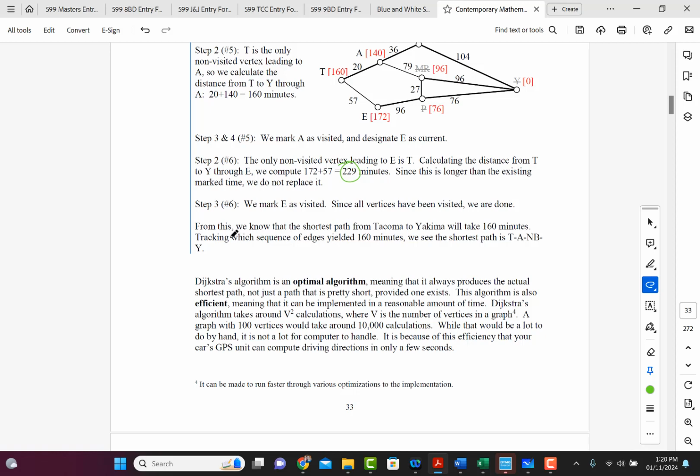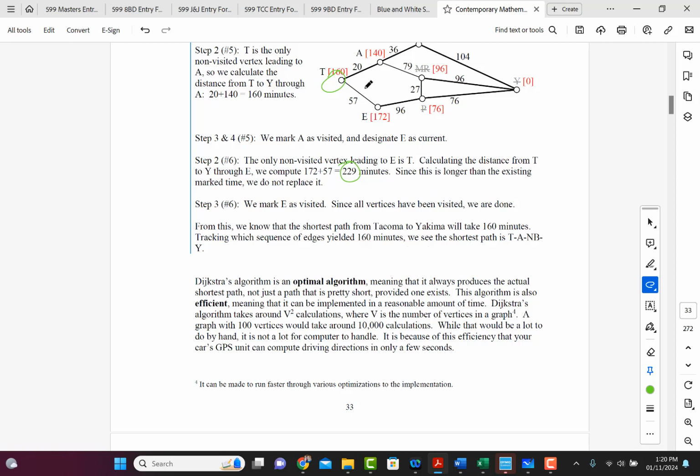So what do we do now? From this, we know that the shortest path from Tacoma to Yakima will take 160 minutes. And tracking the sequence of edges yielding 160 minutes, that will be the shortest path.